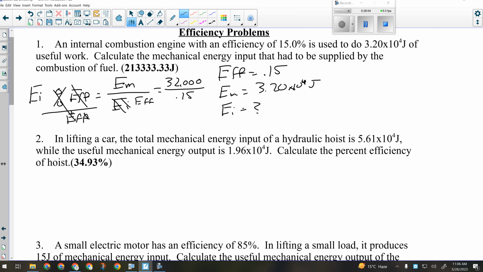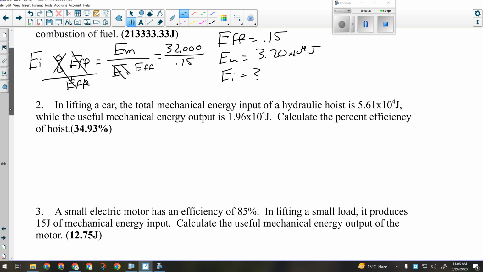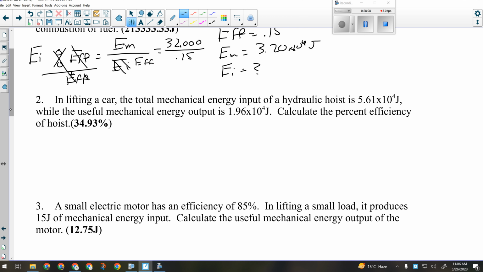All right, I'll give you a little more time on 2 and 3. Number 2 is pretty easy because it just wants the efficiency. We don't have to do any manipulating on number 2. We're told that the mechanical energy input, that's the bottom number, is 5.61 times 10 to the 4, or 56,100 joules. That's our energy input. Our mechanical energy output, or useful work, is 19,600 joules.